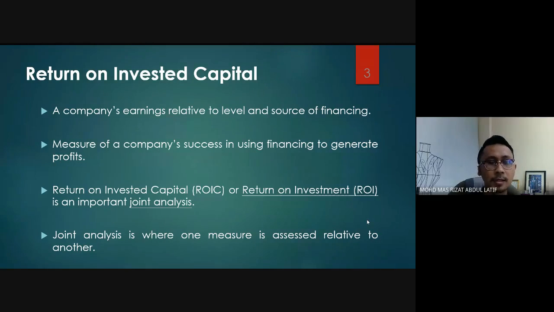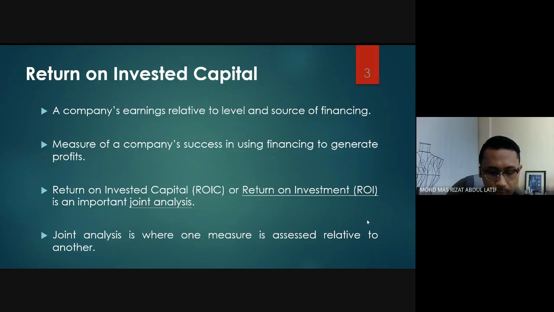So like I said, this is the one ratio that covers all of the ratios that you had learned before. Okay, overall we will look at ROI. But if you want to be specific on the liquidity or the market ratios or the efficiency ratio, then you will go to the specific ratios. But for ROI, they will focus on the overall performance.